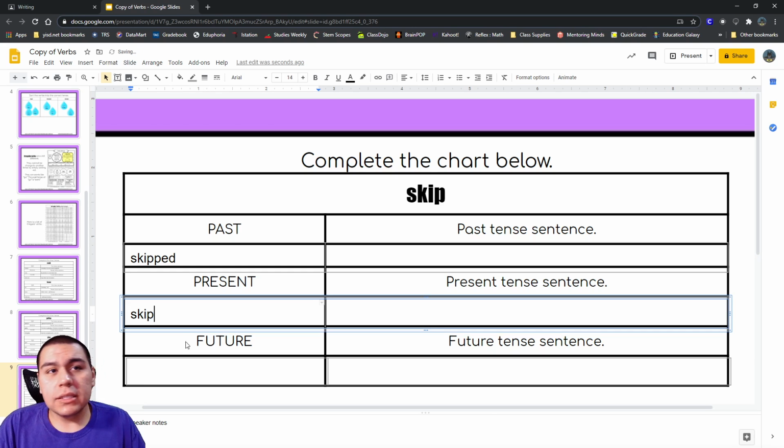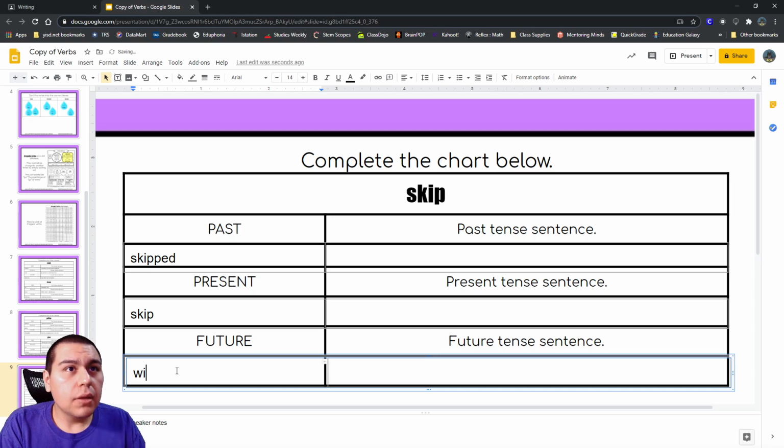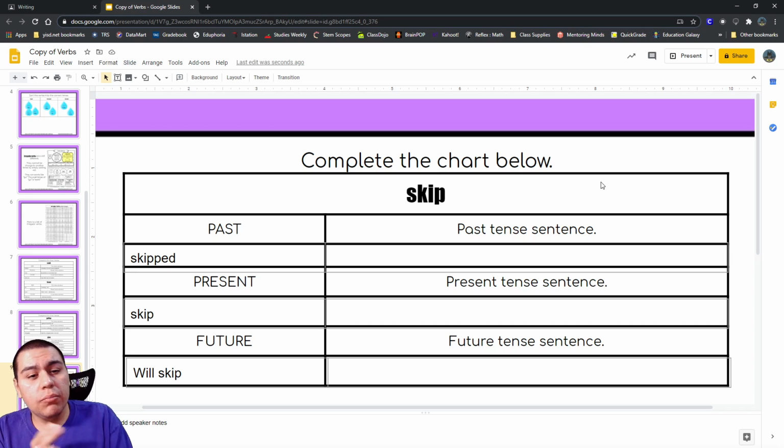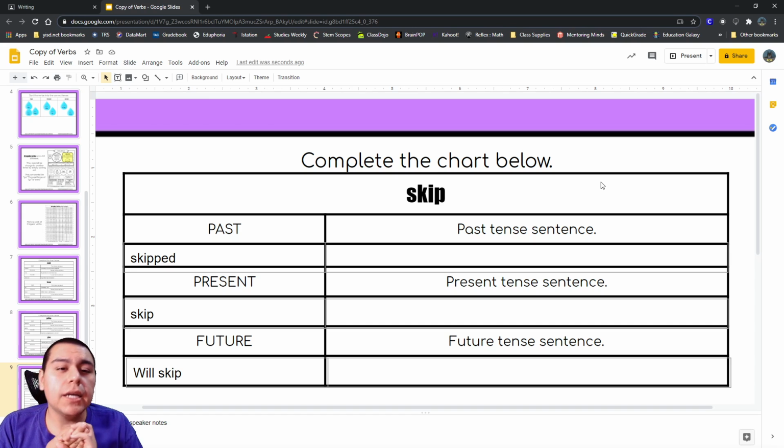My present tense is still the same, and future tense again, I can just put will in front of it, and I have future tense. Who can give me a sentence that's either past tense, present tense, or future tense of skip? Messiah.